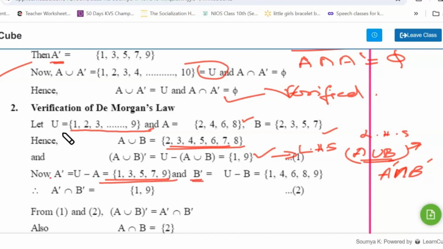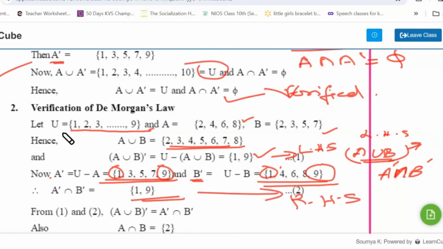B complement will be 1, 4, 6, 8 and 9. These are the two sets. Find out their intersection, that means what is common in both of them. So 1 is common, 3, 5, 7 nothing is common, other than 9. So 1 and 9. Both the left hand side and right hand side give you the same result. So this De Morgan's law, one law is verified.